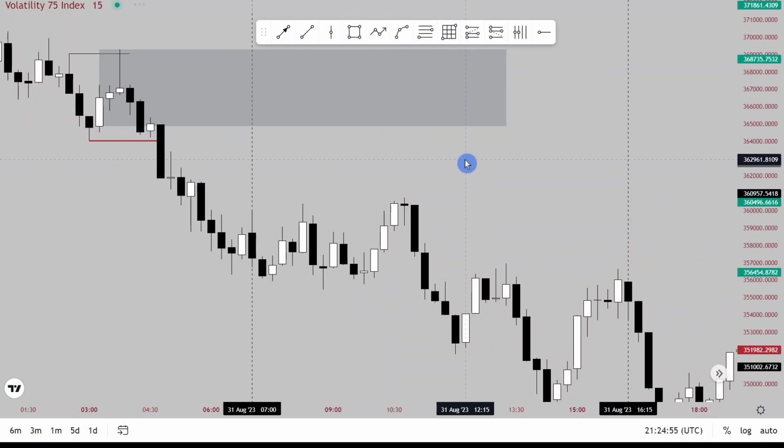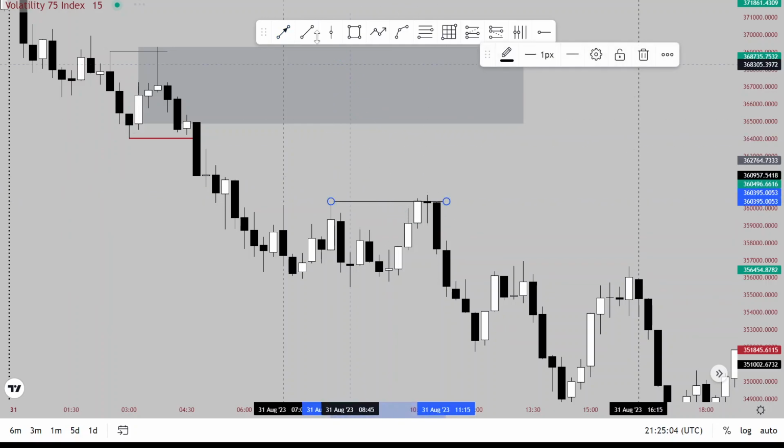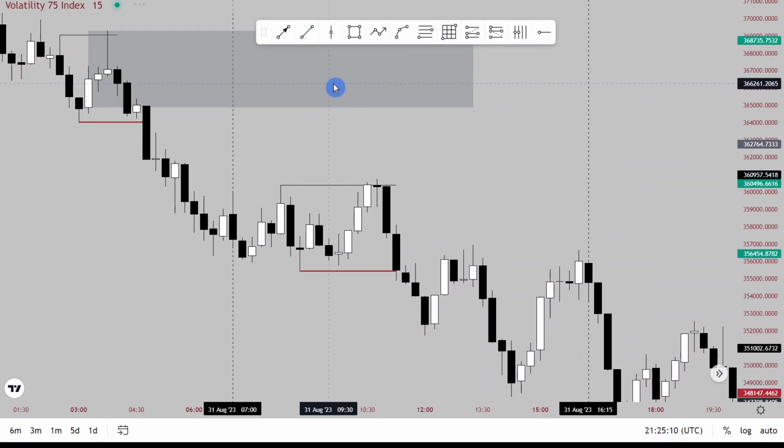Now we don't get that pullback to sell, but what happens is we have another manipulation here and a break of structure here. So we were anticipating price to come here, which it failed to do.